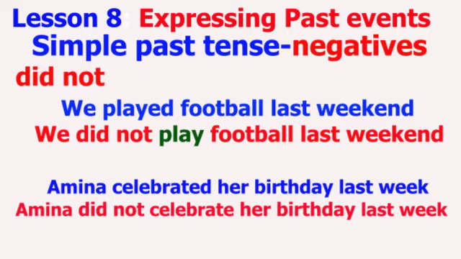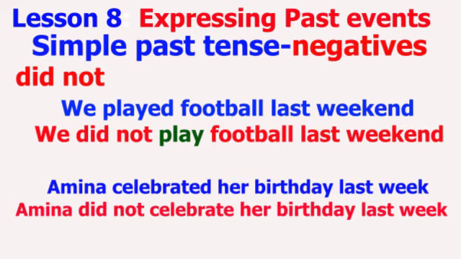Did not is enough. Did indicates that the sentence is in the past tense already, so the verb should remain in its basic form. So the correct sentence for expressing a past event in negative form is: Amina did not celebrate her birthday last weekend.